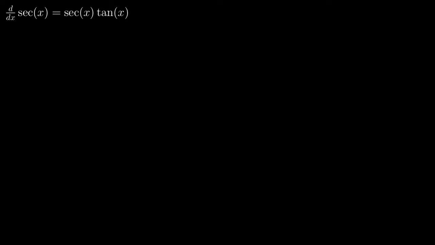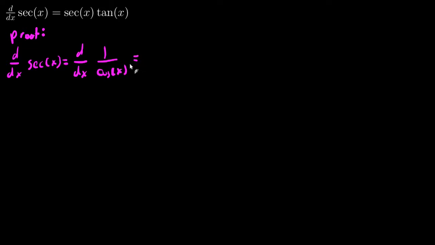The derivative of secant. So this one I have two options. I'll actually show both. Again, if you don't need to see one or any of these, skip on down below. But I'm going to start with the left-hand side, so the derivative with respect to x of secant of x. And I recall that secant is 1 over cosine, so I do the derivative with respect to x of 1 over cosine of x. And I can do quotient rule here, but I have to be careful.